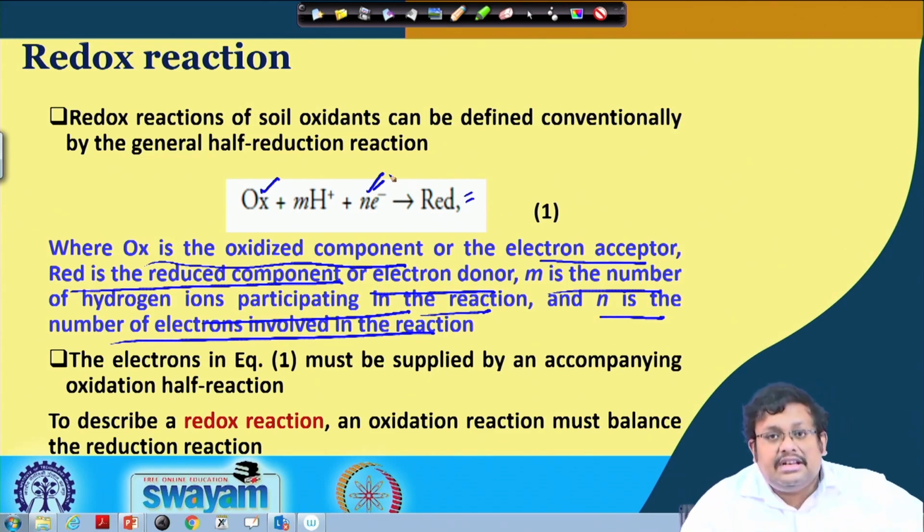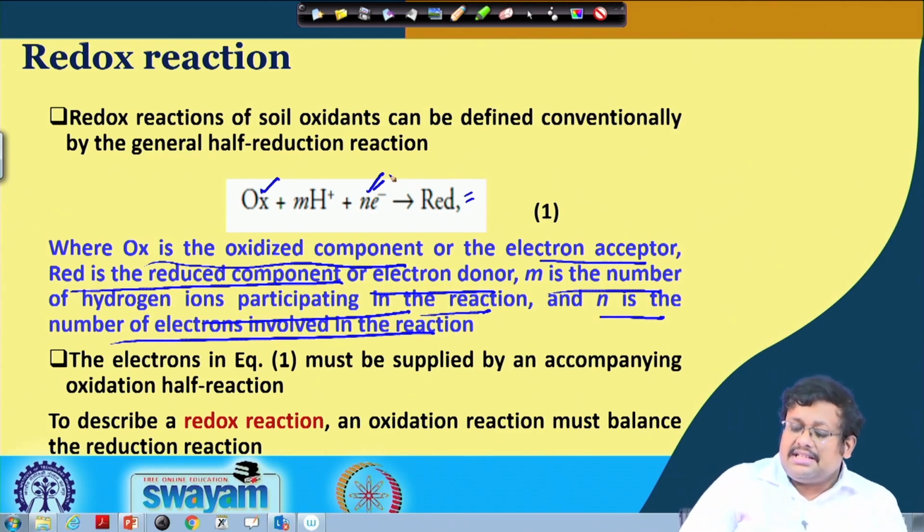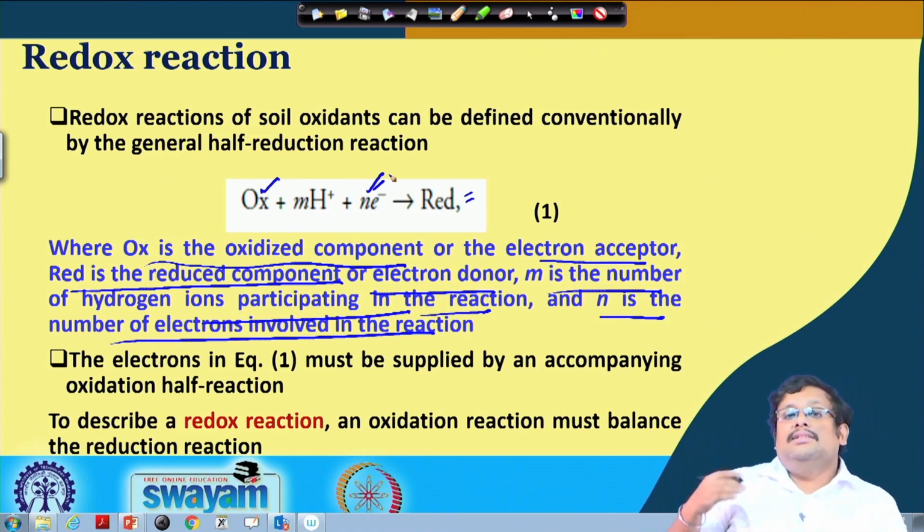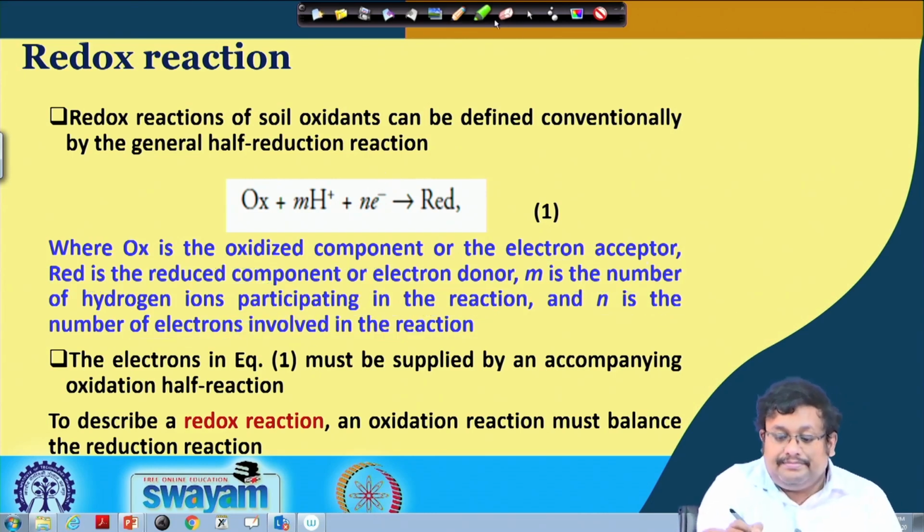Now, to describe the redox reaction, an oxidation reaction must balance the reduction reaction. So, it is not an individual reduction half reaction; it should also involve the oxidation reaction to complete the total redox reaction.